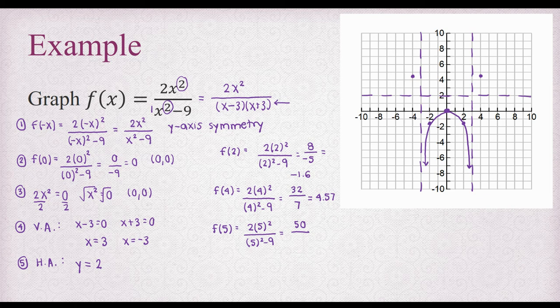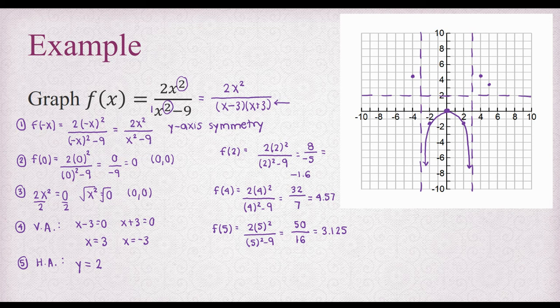In the denominator, we're going to have 25 minus 9, which is 16. So when I divide that, it's approximately 3.125. So at 5, I'm a little bit lower, a little bit above 3.